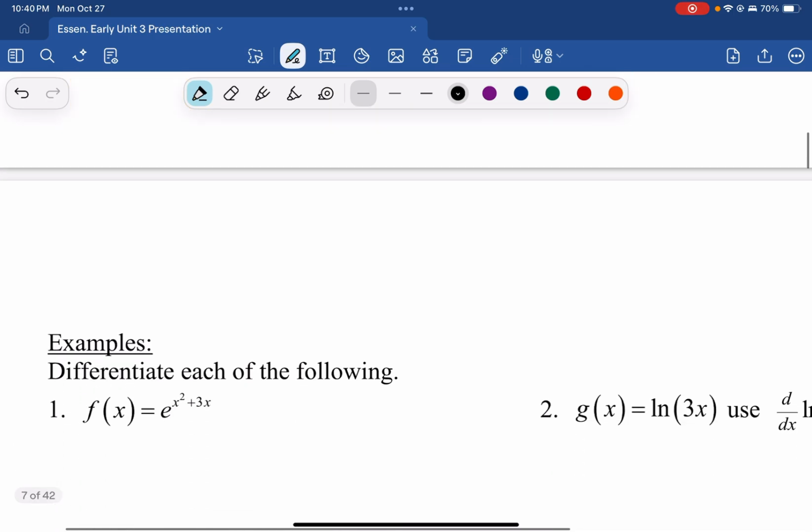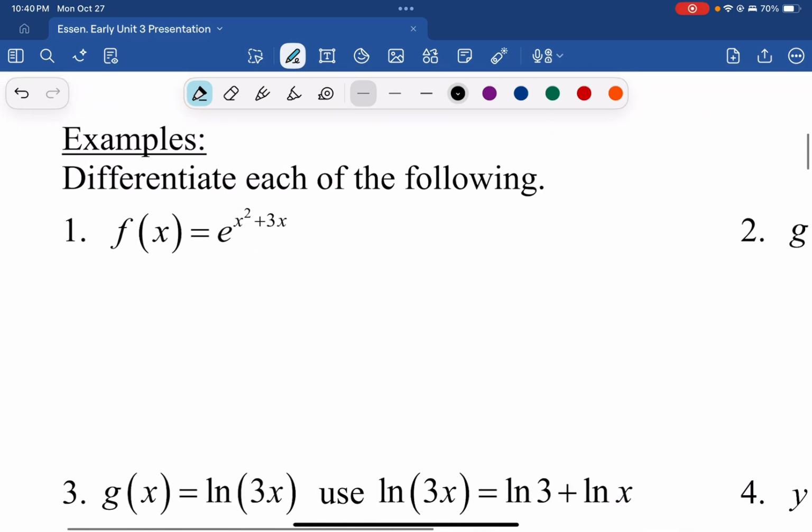Okay, let's look at some examples here. f of x equals e to the x squared plus 3x. My x squared plus 3x is that u, that function of x, so I need its derivative. The derivative of x squared plus 3x is equal to 2x plus 3.